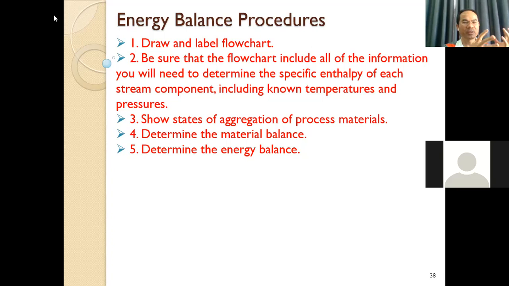Also specify inlet and outlet temperature and pressure, and then show the state of aggregation: liquid, vapor, or solid. Then check the material balance. If not balanced, do the material balance following the steps you studied before. Then you take the energy balance. This is the general step for the energy balance procedure.